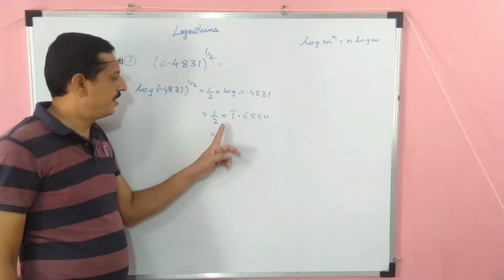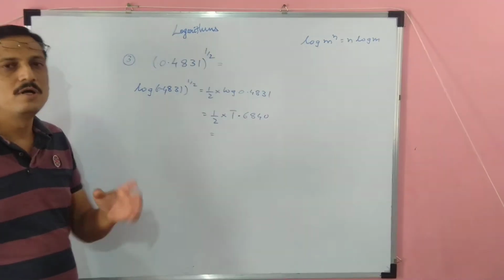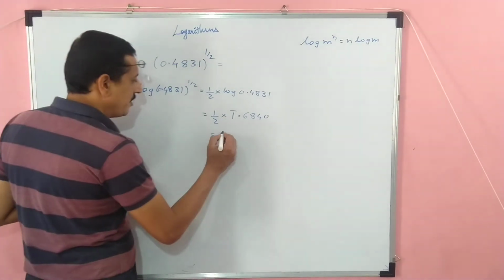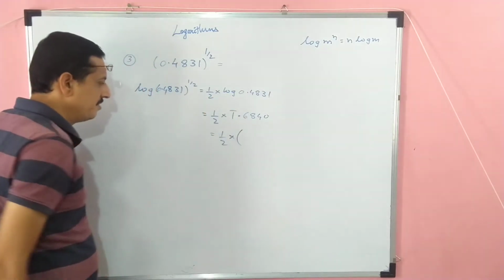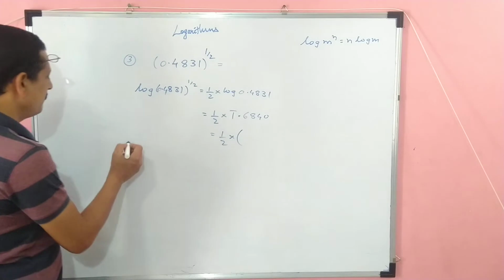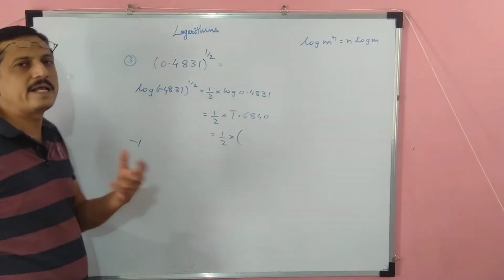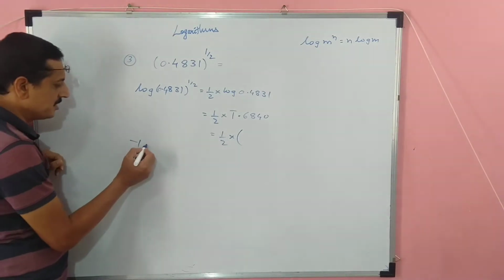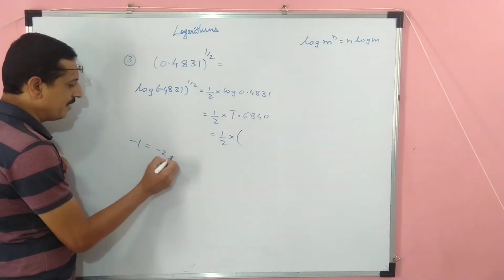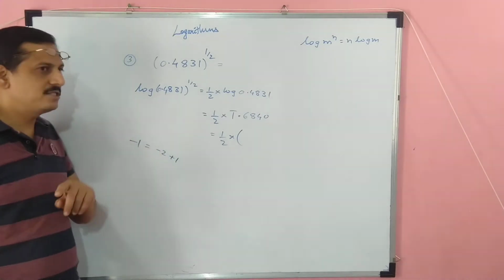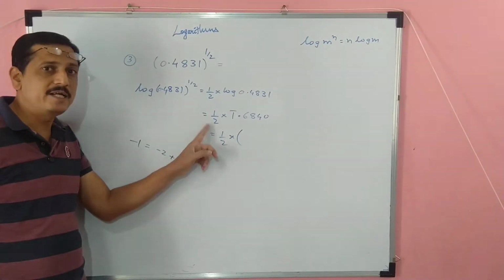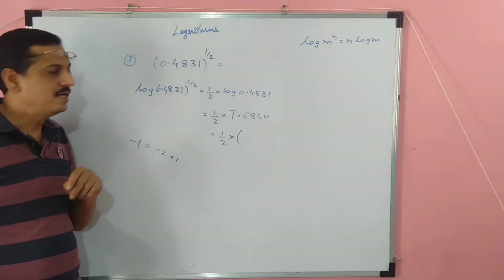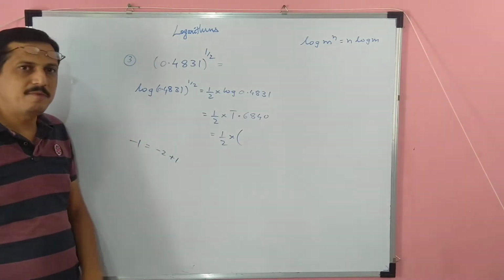I hope you have understood. If I divide it by 2, I am getting bar 0 and bar 0 is not allowed. Okay, then this 1 by 2 I will keep as it is. Now look, student, this bar 1 means -1. Bar 1 is nothing but the characteristic is negative. But we are not able to divide it by 2, so this -1 I will write as -2 + 1. You will say, sir, why did you take -2? Because I wanted to divide by 2. If I had to divide by 3, I would take -3 + 2. If it were divided by 5, I would take -5 here.